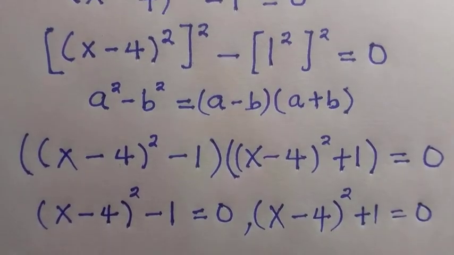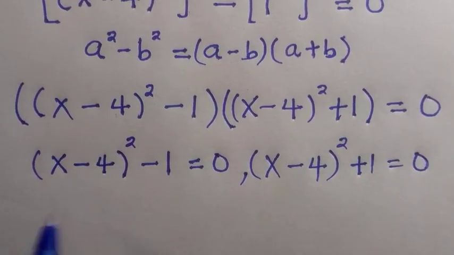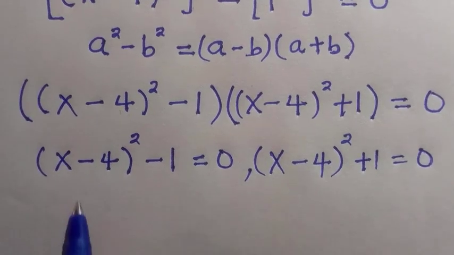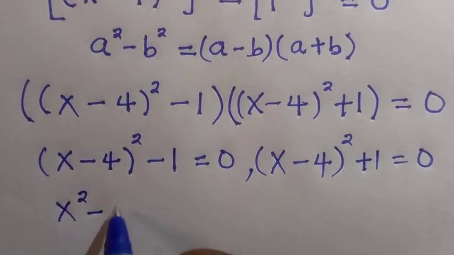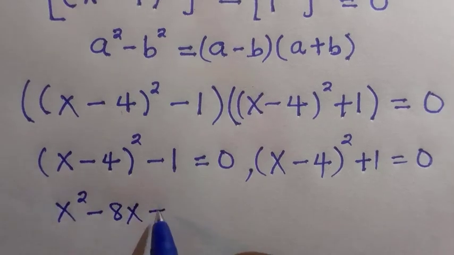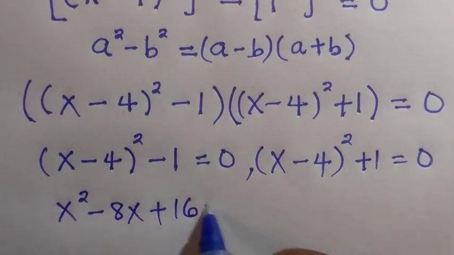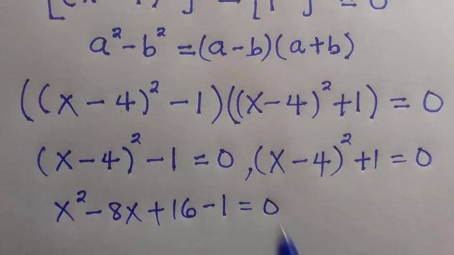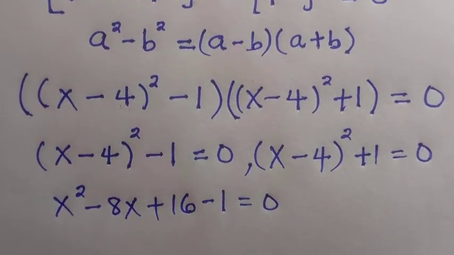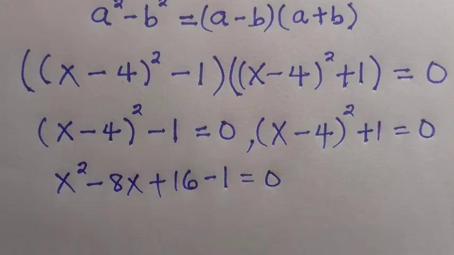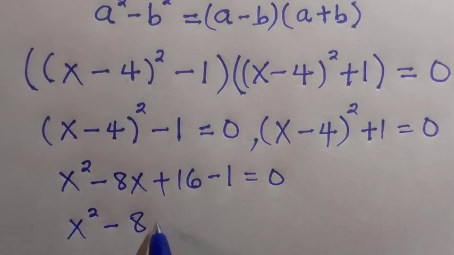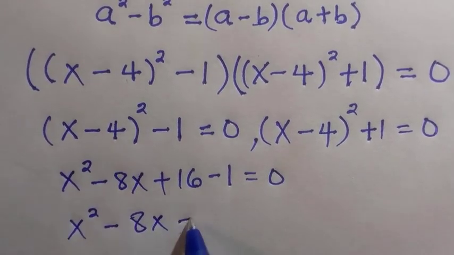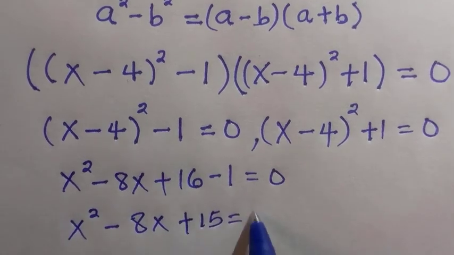On getting these two, we are going to expand (x − 4)^2, and by expanding it we have x^2 − 8x + 16 − 1 = 0. While for the second one, we still have it like that, but let's finish this one first. We have x^2 − 8x + 15 = 0.